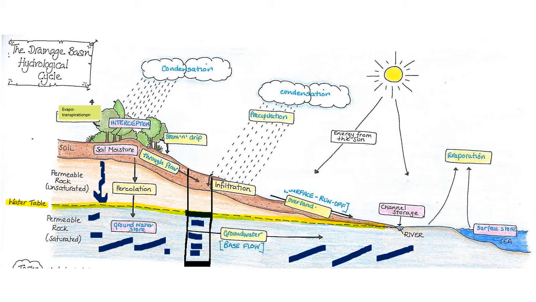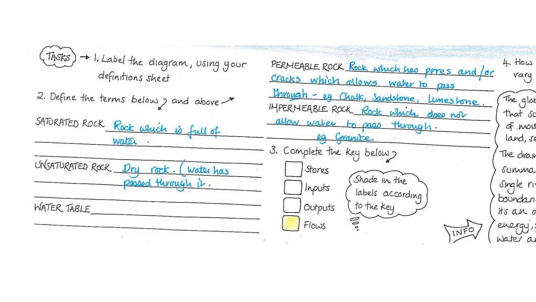Okay, so you've got that diagram done, hopefully. So let's have a look at the other questions. Number 2 was asking you to define the key terms. I've got my definitions here. Saturated rock is rock full of water. Unsaturated rock is dry rock, basically rock that isn't full of water.